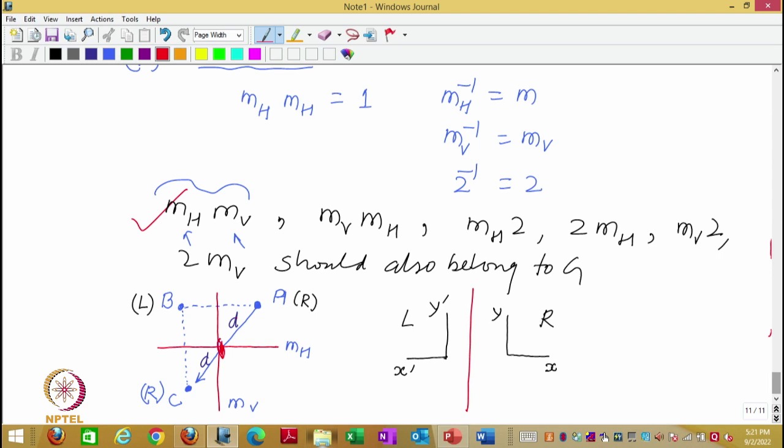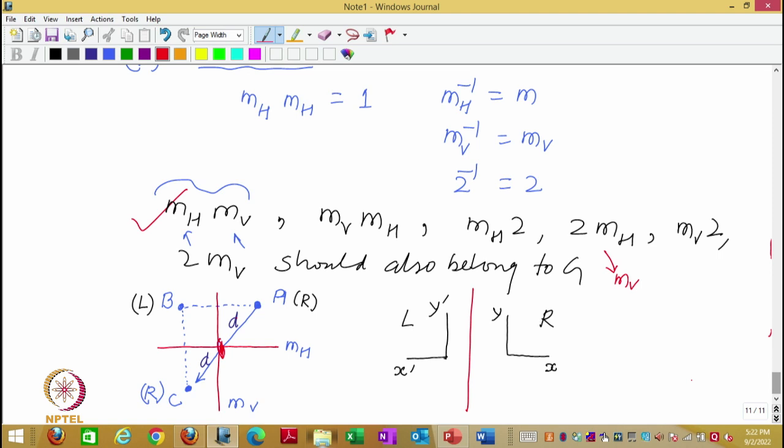Remember, MH2 cannot be 2. Why? Because using MH you are changing handedness. Using 2 you are not changing the handedness. So, the net result is a change of handedness, and a change of handedness cannot come from 2. So, MH and 2 will give you MV.